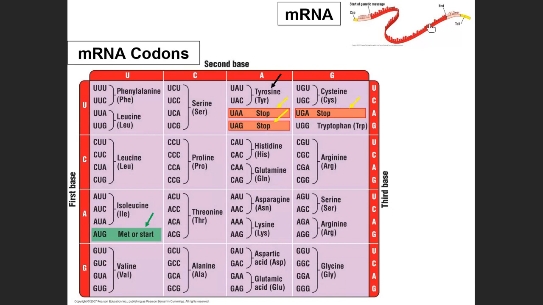Well, what scientists discovered is that built into the mRNA is a codon known as the start codon. And the start codon will always be located closer to the 5' cap.